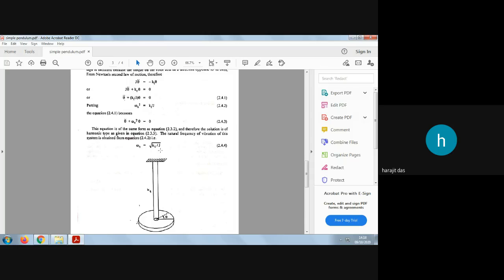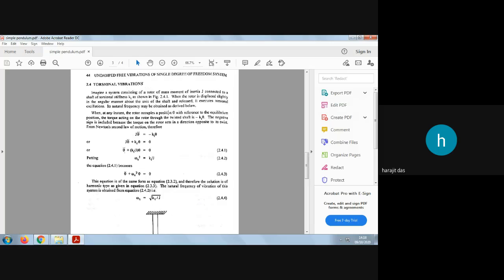If you are writing J, you need to mention whether the moment of inertia of the disc is I or J. Understood? J is basically written for polar moment of inertia, and sometimes it is written as I suffix p. That is why it is necessary to mention which letter you are using for which purpose.